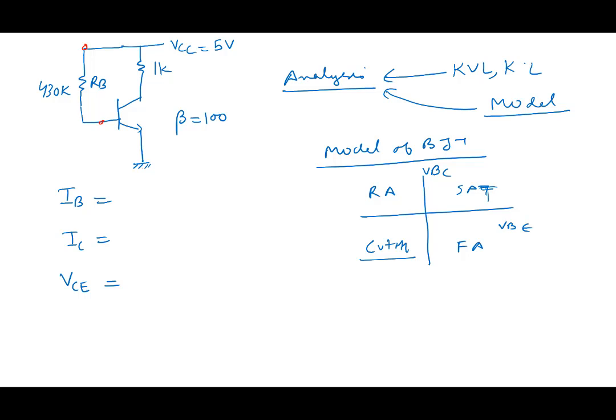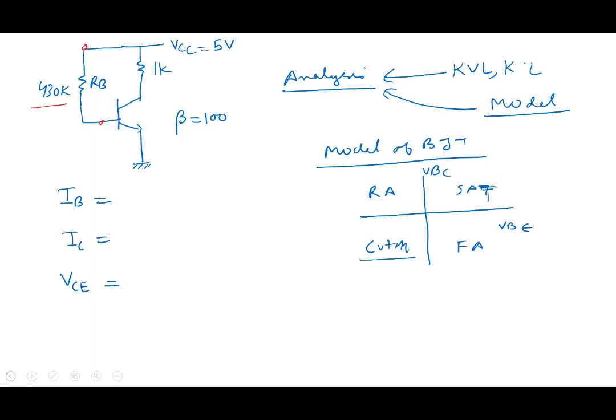When you look at a transistor, what do you see between base and emitter? Remember, that's why we were talking about model. A diode, right? So now 5 volt here and 430K and base emitter. Do you think base emitter junction can be reverse bias? You have 5 volt connected through a resistor to a diode. The 5 volt will obviously bias it.